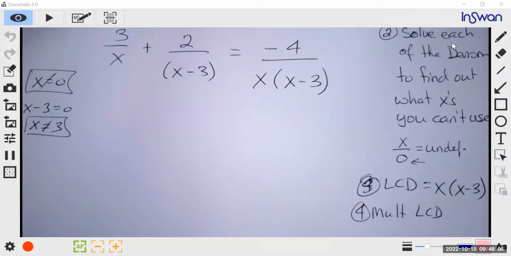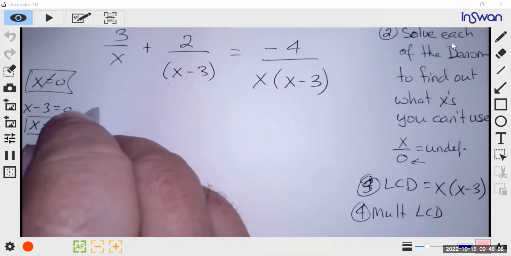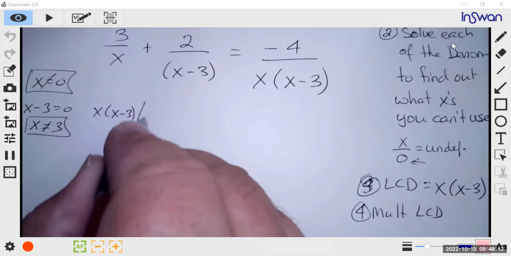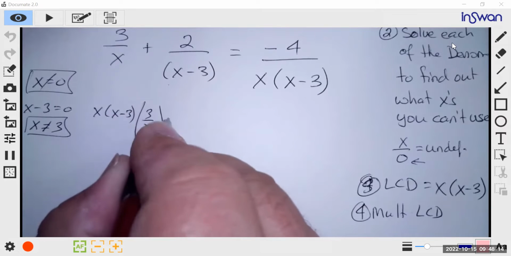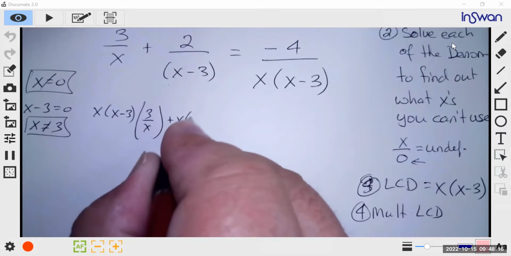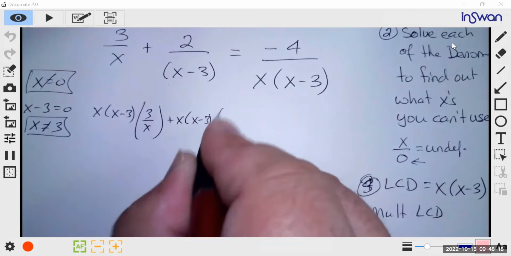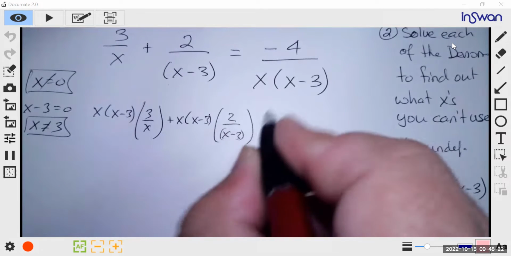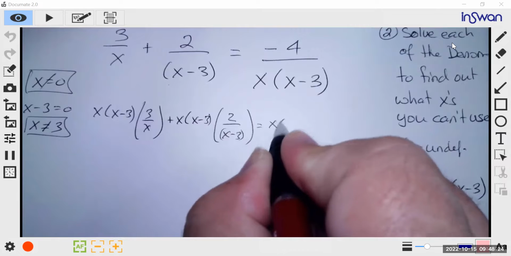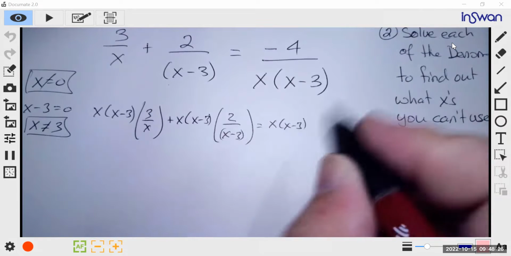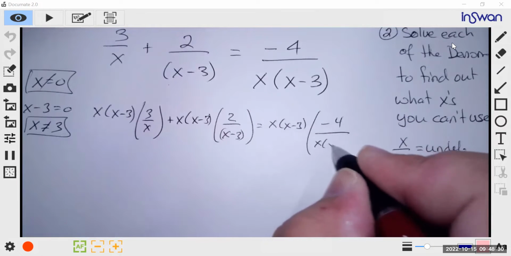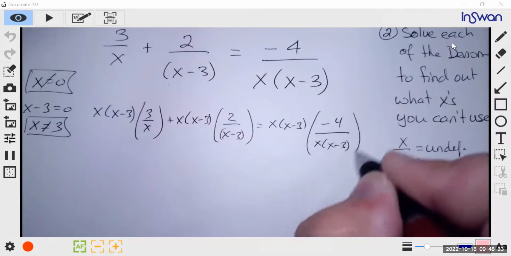Multiply the LCD to each term. So we have x minus 3 times 3 over x, minus 3 times 2 over x minus 3, equals x minus 3 times negative 4 over x minus 3.